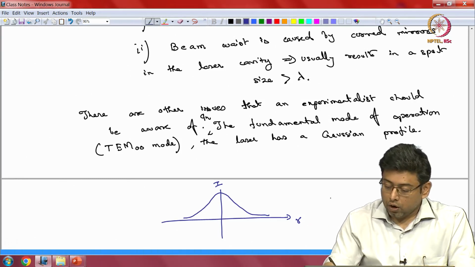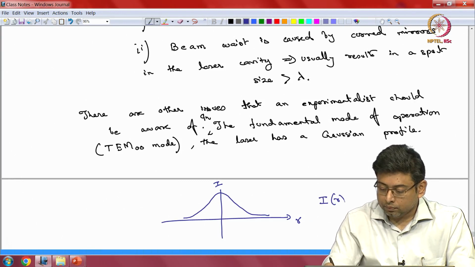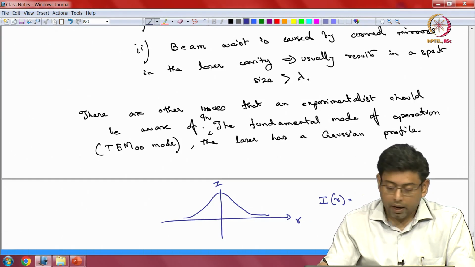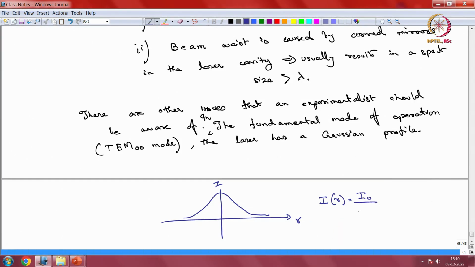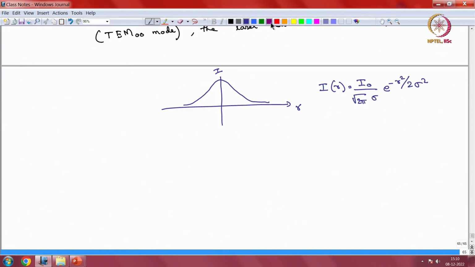So your I(r) is given by some I naught by root 2 pi sigma e to the power minus r squared by 2 sigma squared, and this sigma value is usually specified by the manufacturer.